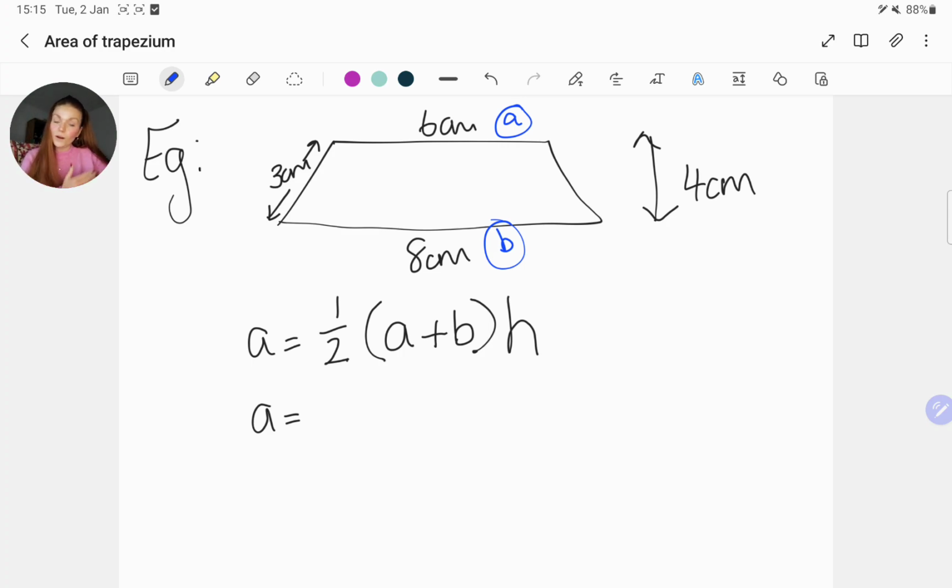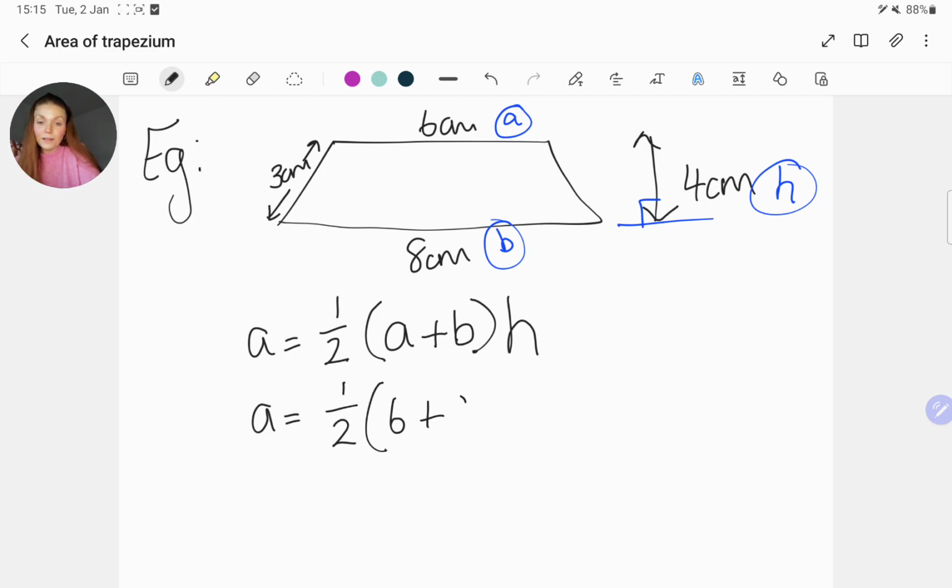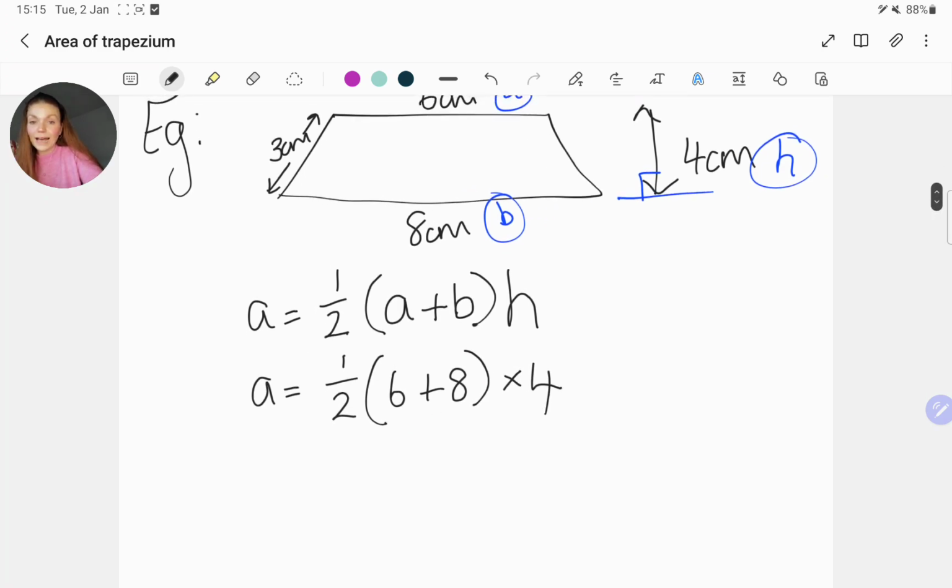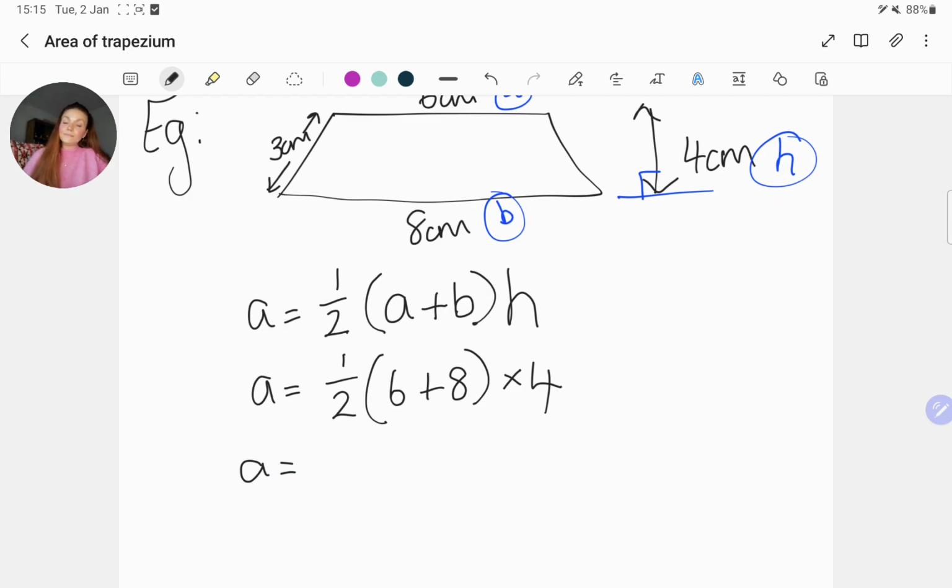It must be the 4, because you can see how it's meeting at a right angle. That's our perpendicular height, that's our H. Let's substitute these values in: a half of 6 plus 8 times 4.